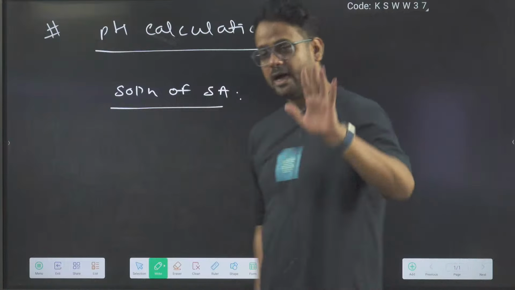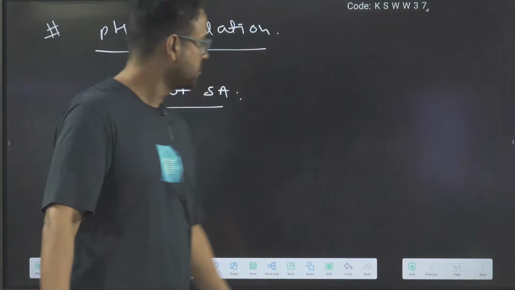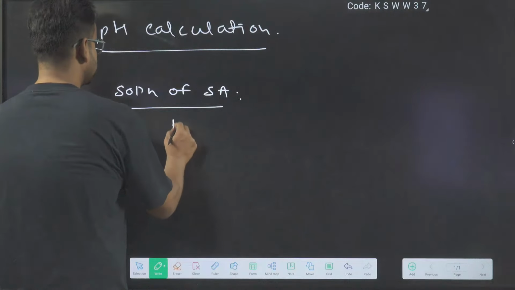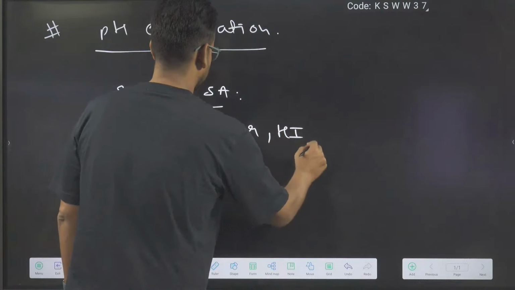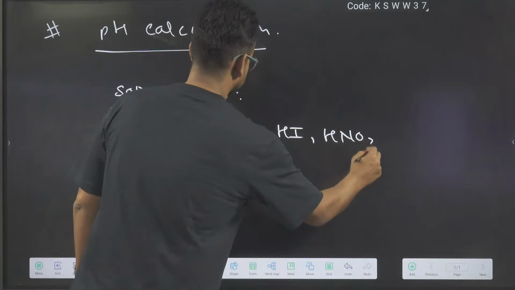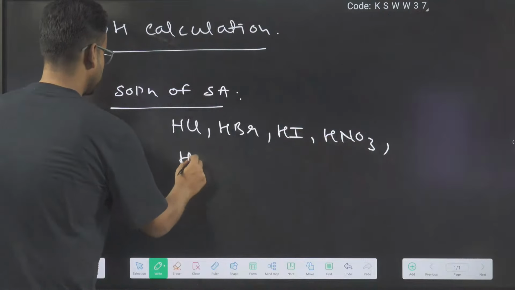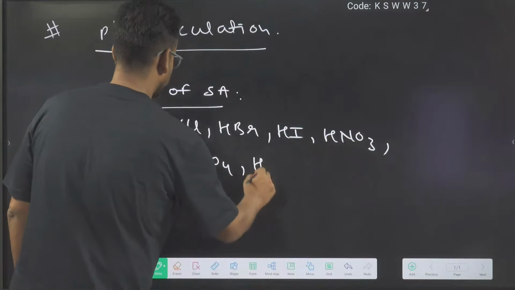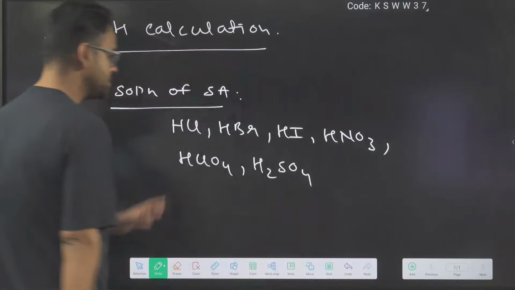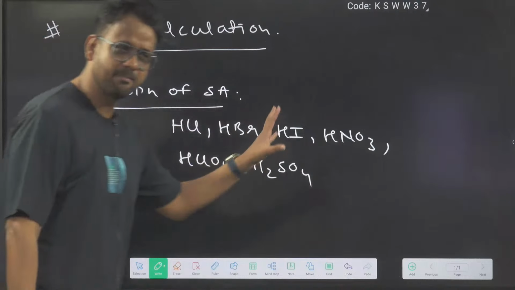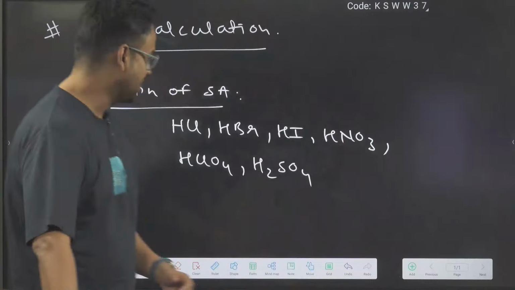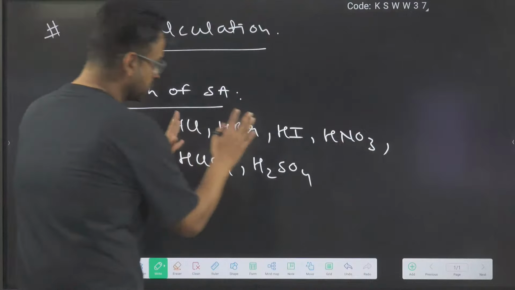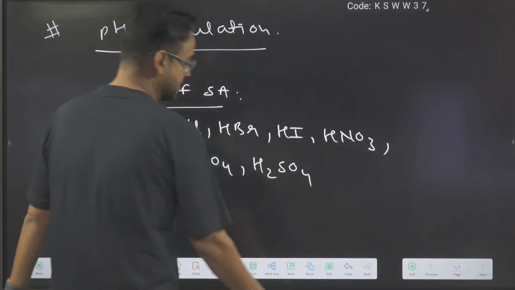Please remember the 6 names which I am going to tell you: HCl, HBr, HI, HNO3, HClO4 and H2SO4. These are the 6 strong acids. Please remember these names, it's important. We will use this later on in salt hydrolysis as well. The important part about these acids is that they undergo 100% ionization.